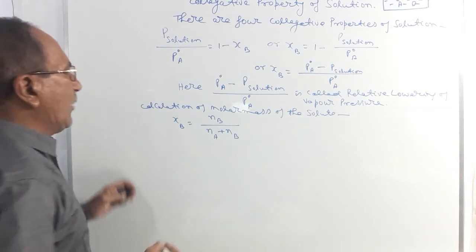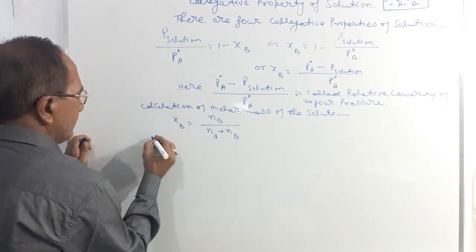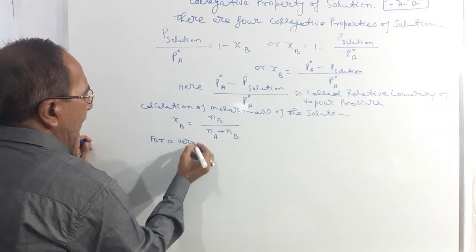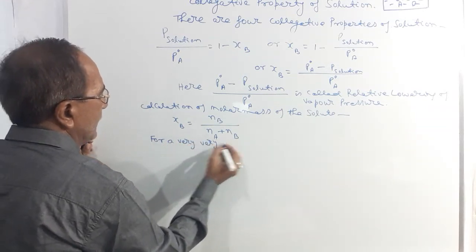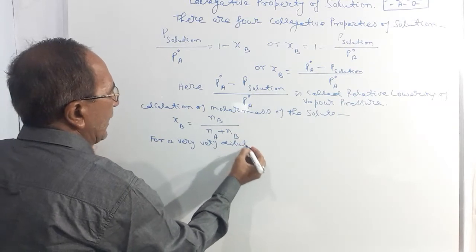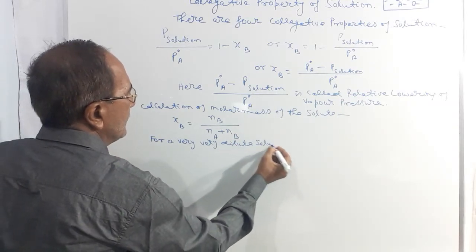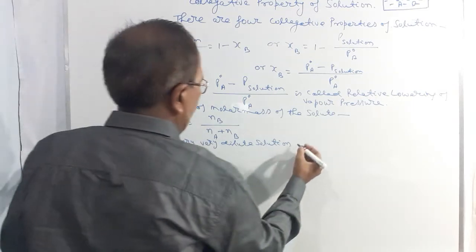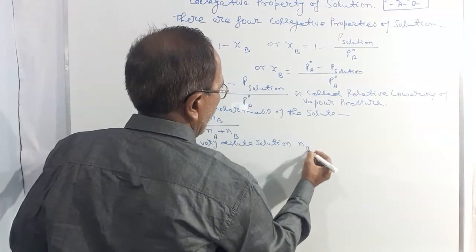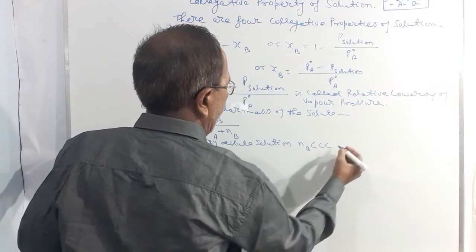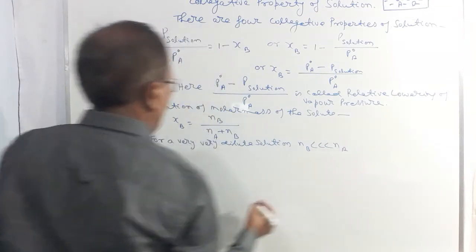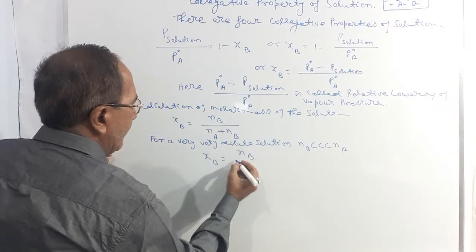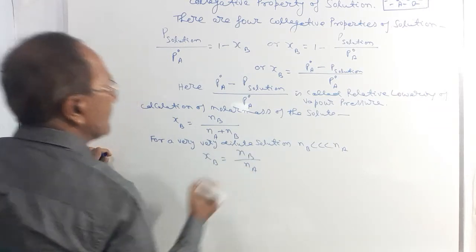For a very dilute solution, बहुत dilute solution रहेगा तो this nB is negligible in comparison to nA, so xB is equal to nB by nA.